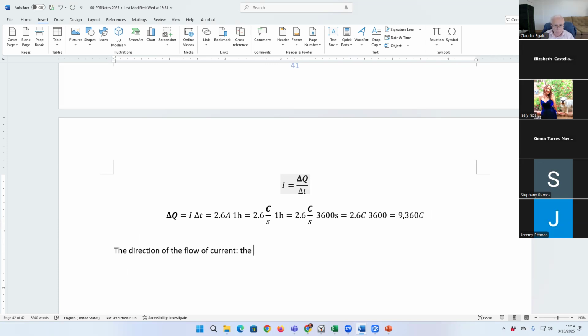The convention adopted is the direction of flow, and that can cause a certain degree of confusion, but it's the direction of flow not of the negative charges, but of the positive charges, okay? If you were to have positive charges carrying the current, then that would be the correct direction of flow of the current.